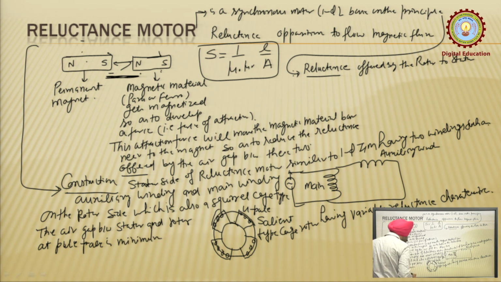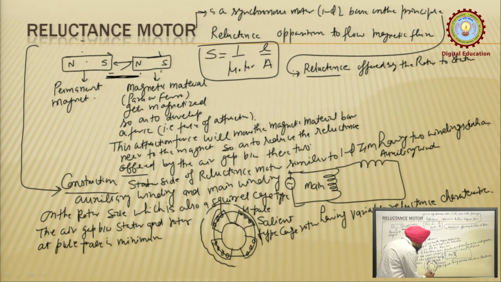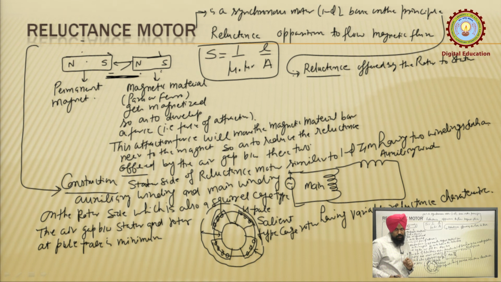See here, if we see from this pole face with respect to the stator, suppose I am making this stator like this, the air gap between the stator and rotor part is minimum, but in between two salient poles this air gap between stator and rotor part is large. Okay.